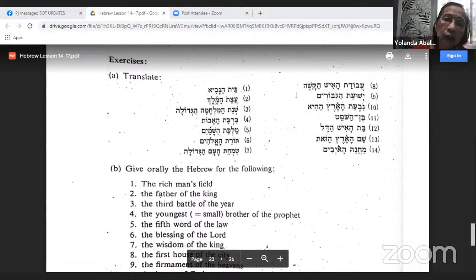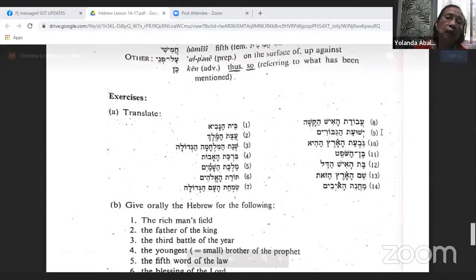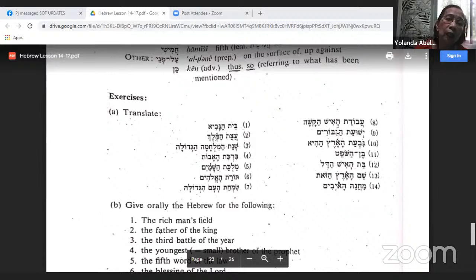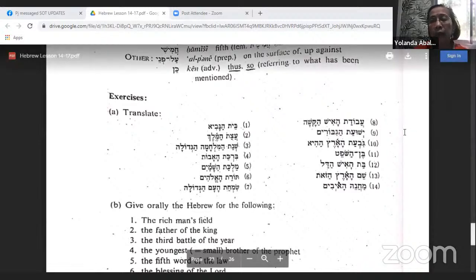Kasha. What is that? Kasha is that which is, it's in our first lesson, kasha is difficult. Yeah. It's difficult. It's a work and the task is difficult. The task of the man is difficult or hard. Avodat Haish Kasha.